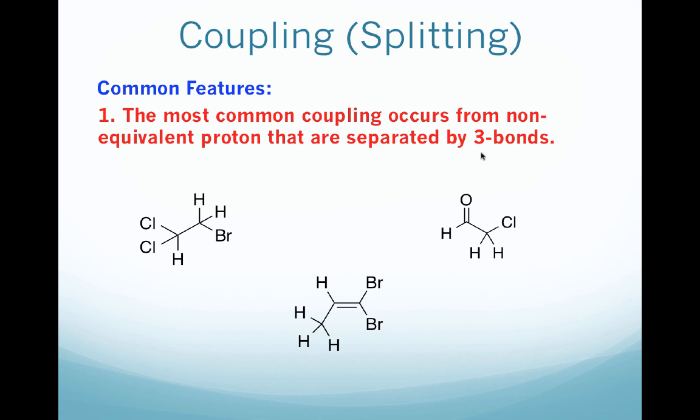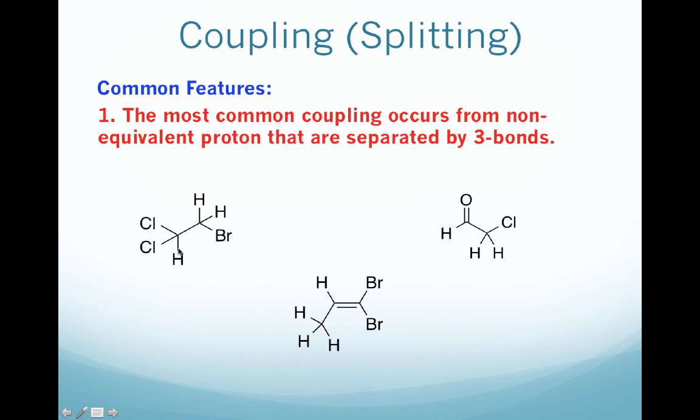Now we're going to go through just a few common features of coupling to be aware of when doing these considerations. And the first basically is what we've been talking about. Your most common coupling occurs from protons that are not equivalent and are separated by 3 bonds.